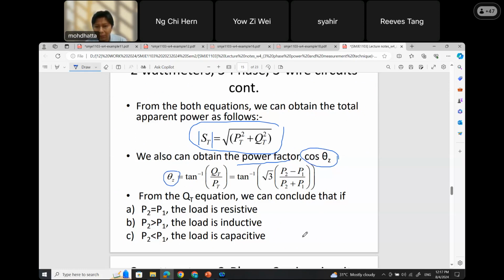How does it come across? Remember the power triangle that we have over here? The horizontal line will be the active power, the vertical line should be the reactive power, and the diagonal vector will be our apparent power. And here is the theta.